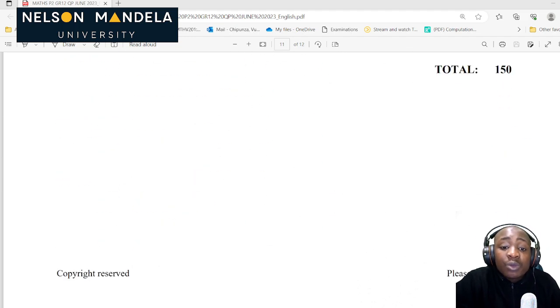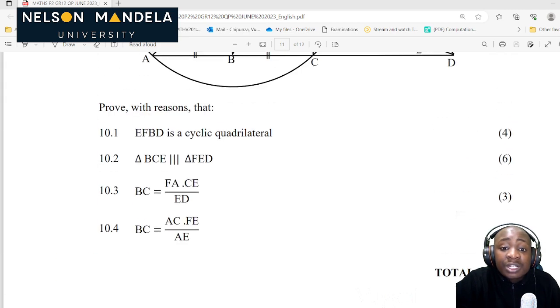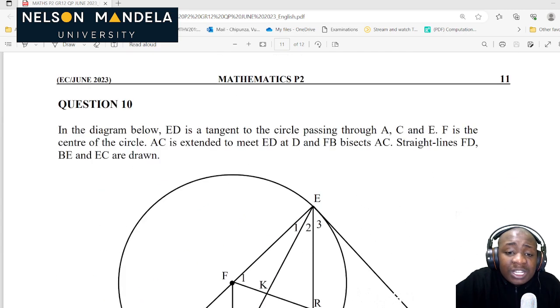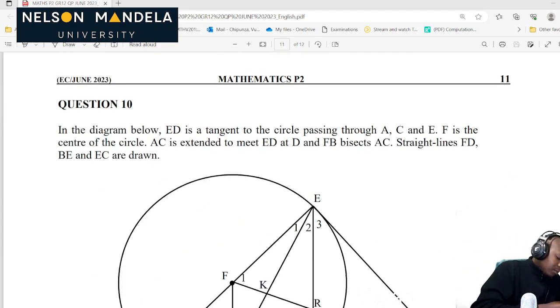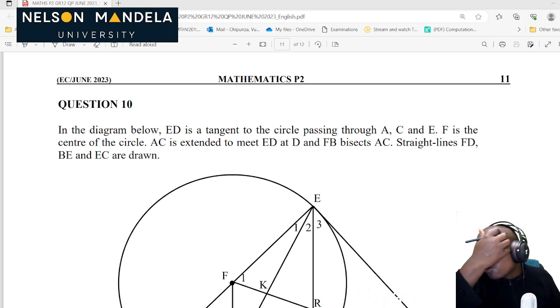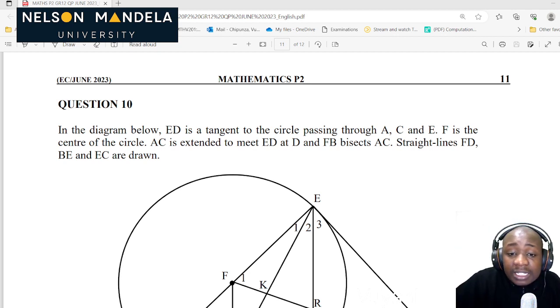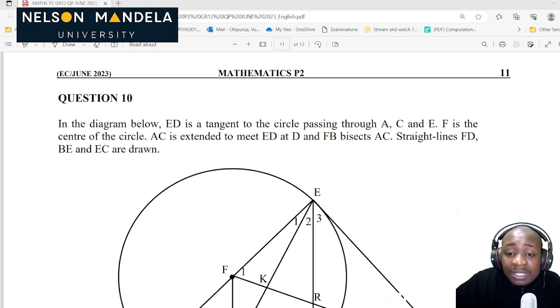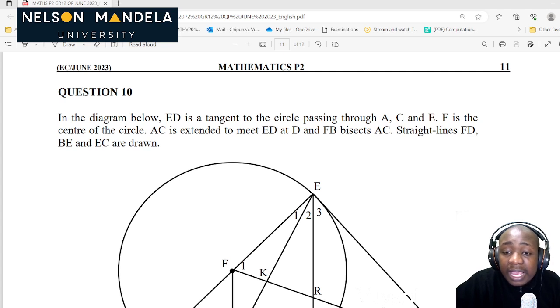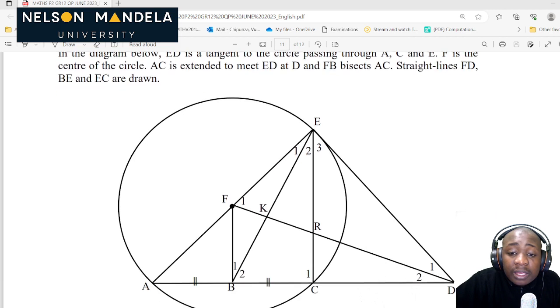So let's do question 10, which is our last question of today. Now on question number 10. In the diagram below, FED is the tangent to the circle passing through A, C, E, and F. F is the center of the circle.